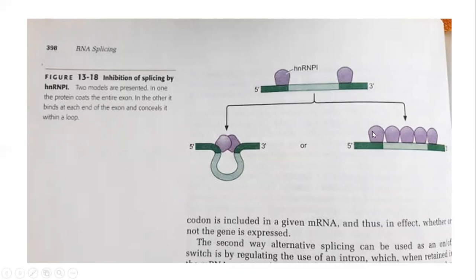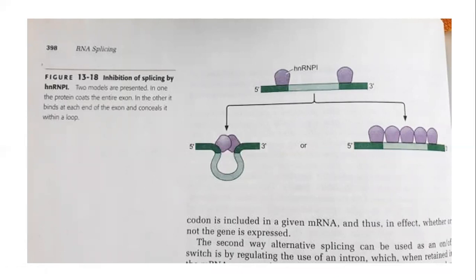One is the cooperative binding of more heterogeneous ribonuclear proteins in between these sites, and this binding makes the primary transcript unavailable for the spliceosome machinery. Or it can form a lariat like structure, where the HNRNP1s interact with each other, and thus the primary transcript is unavailable for the spliceosome machinery.